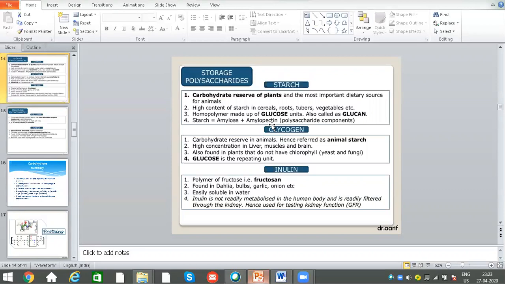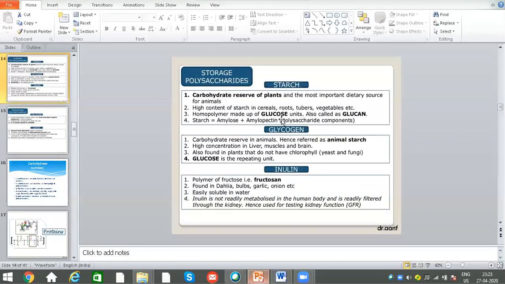Glycogen also has glucose monomers held together by glycosidic bonds, forming a polysaccharide chain. But there is a difference between glycogen and starch. In starch, branching is present. In glycogen also branching is present.